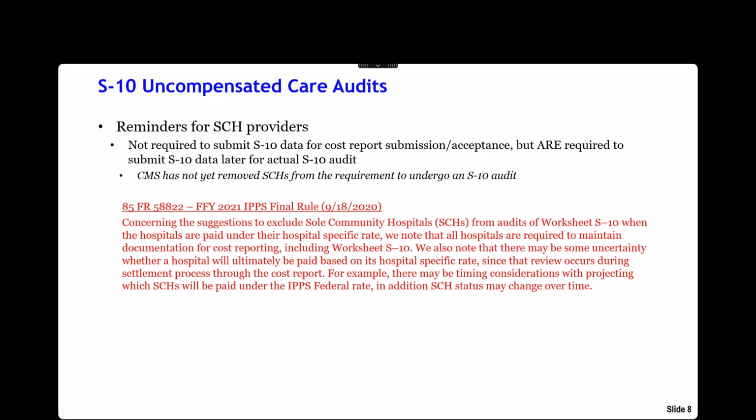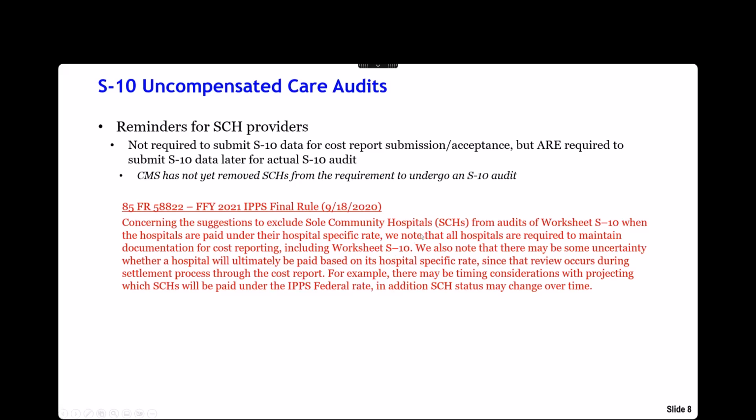But CMS has stressed in the Federal Register back in 2021 that regardless of what the rates are, a sole community hospital, assuming they have DISH reported, even if that DISH doesn't actually impact their payment, if they have DISH reported on the E part A, they are required to maintain the documentation and they're required to undergo the audit.